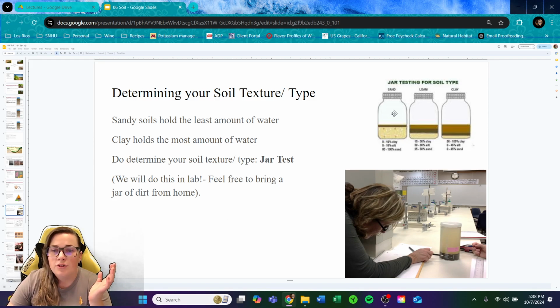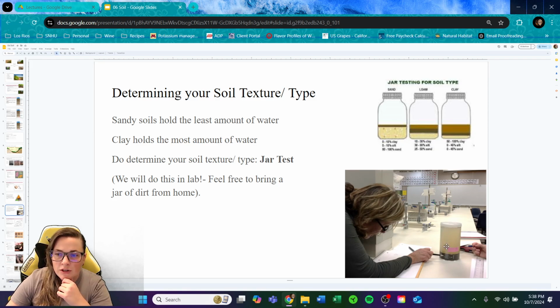Cool. So how would you do this, right? Seems like it'd be very complicated. No, it's actually not complicated. It's very fun. You just grab a jar of dirt, and then you would fill it with water and add just a drop of soap. The soap is just going to make sure that all those particles get saturated with water. You'd actually grind up your sample first, that way there's no clods or chunks, that way all of the particles can separate.